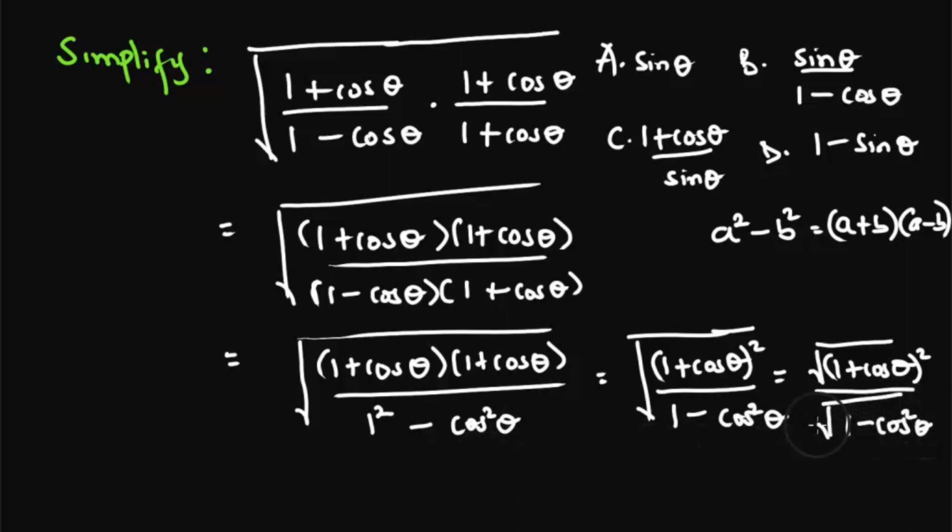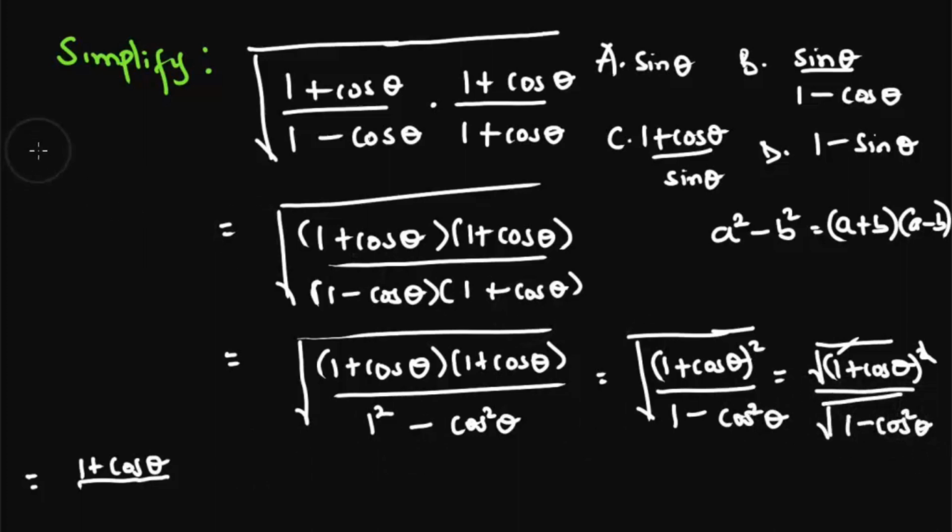What is the square root of 1 plus cos theta all squared? Square root cancels square since they are opposites, so I'm going to have 1 plus cos theta divided by the square root of 1 minus cos squared theta.